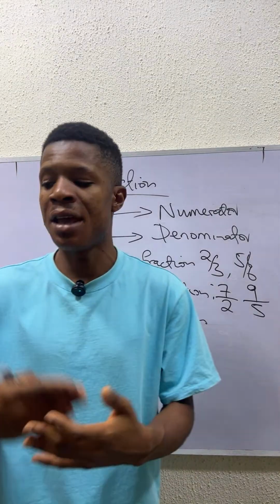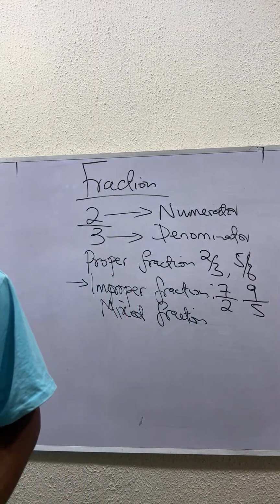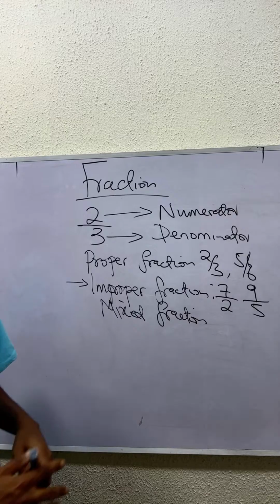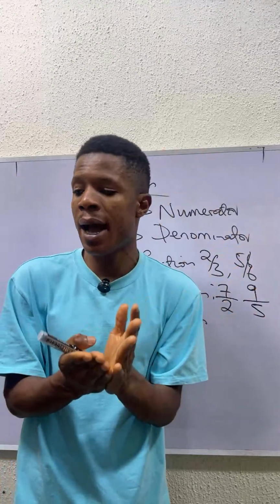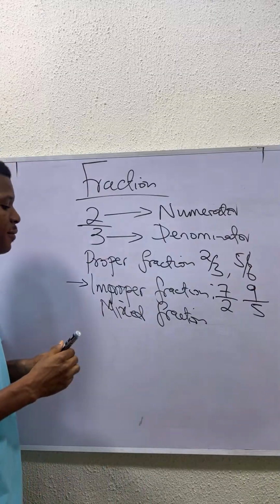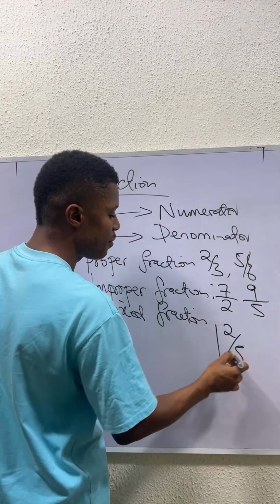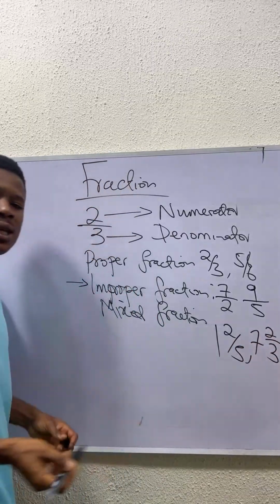We call it a mixed fraction when we combine a whole number and a proper fraction. Examples include 1 whole 2 over 5, 7 wholes 2 over 3, etc.